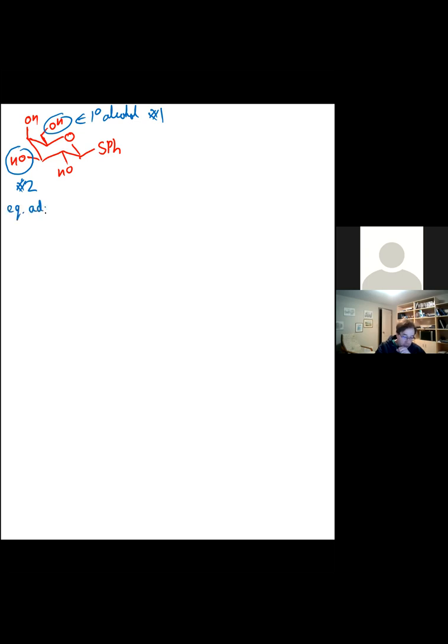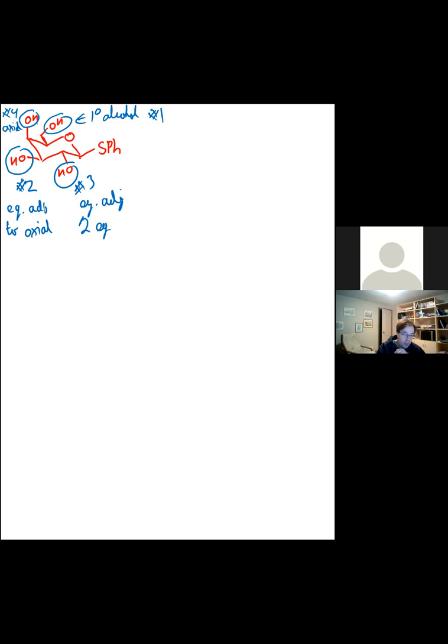Equatorial adjacent to axial. Then we've got number 3, which is equatorial adjacent to equatorial.